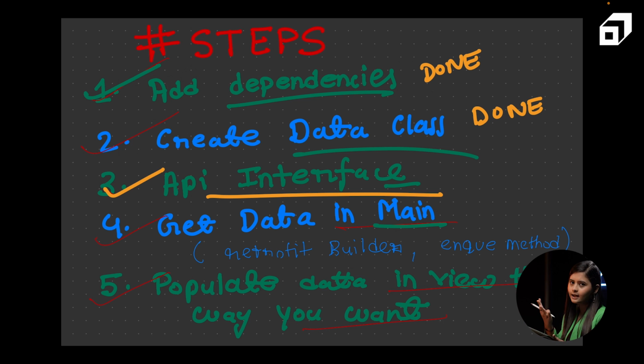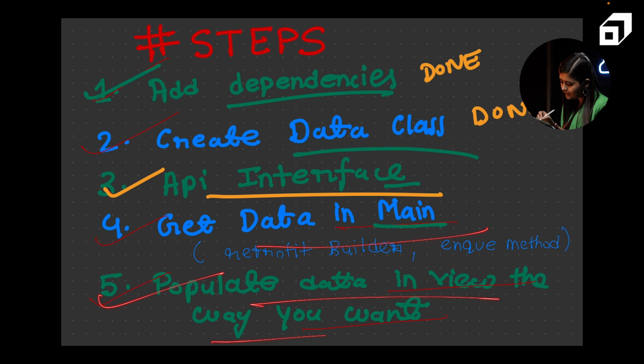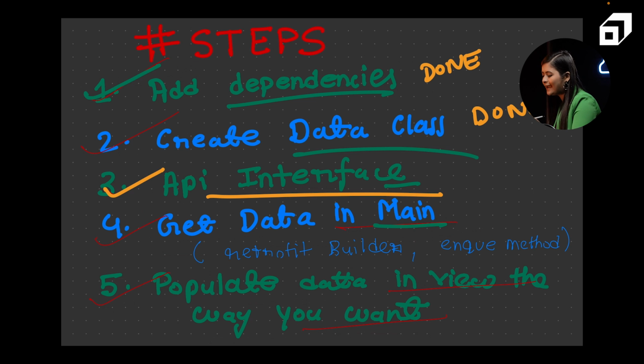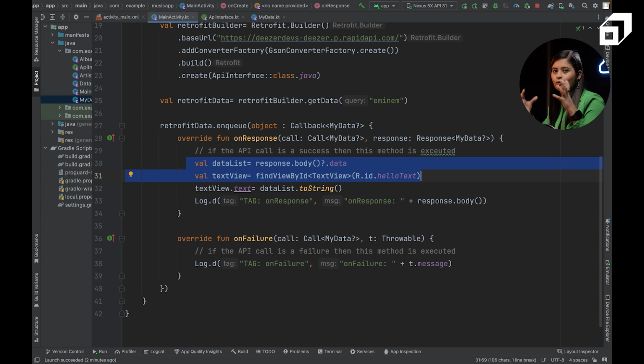It created 4 data classes for me: my data, data class, album, and artist, right? And after that, the API interface, and then we did the retrofit data enqueue, all those things. We created the retrofit builder in our main activity, and after that finally we populated the data in the view. I mean, we just checked right now if the data is actually working or not.